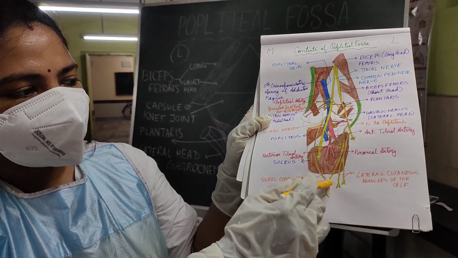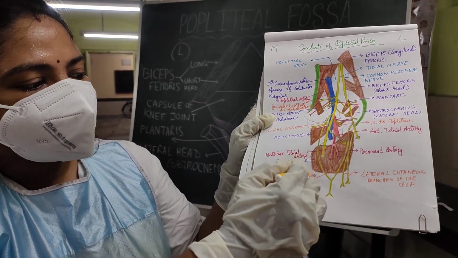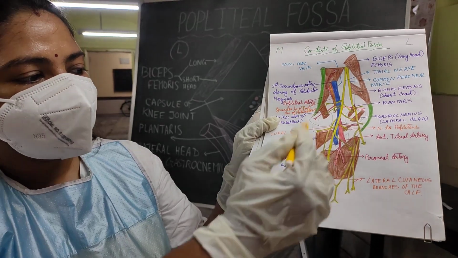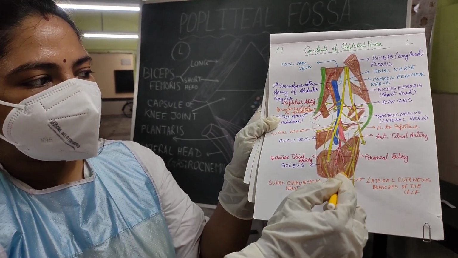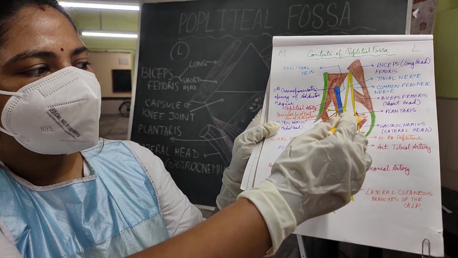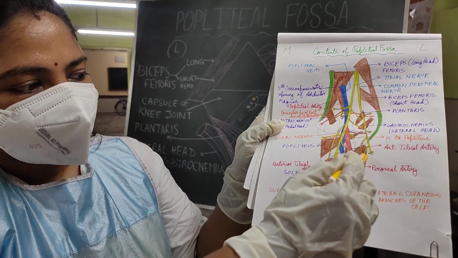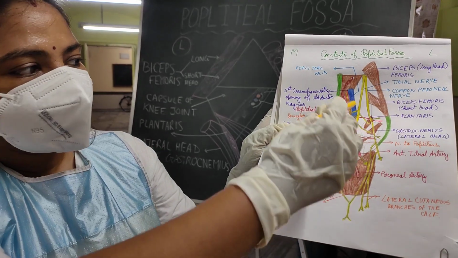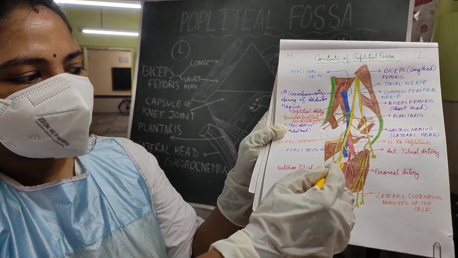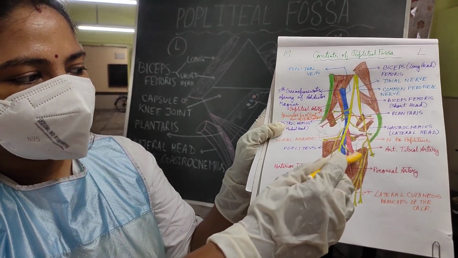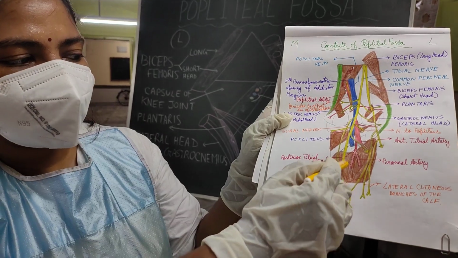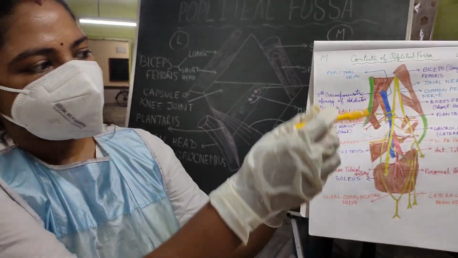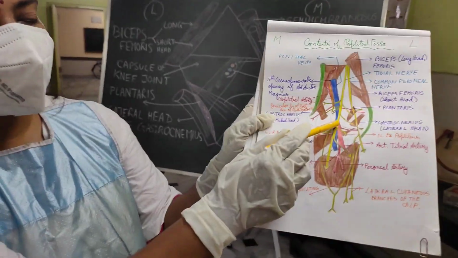This is the cutaneous branch, and this sural nerve will get a communicating branch from the common peroneal nerve and they will unite to form the sural nerve. This tibial nerve then will run beneath the soleal arch to enter the leg. This was regarding the nerve.